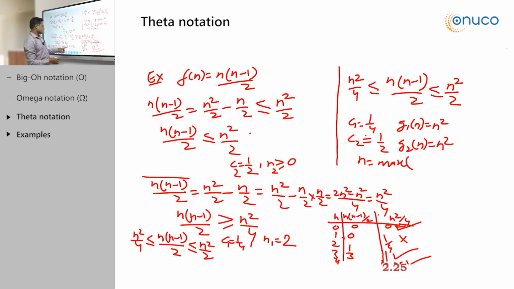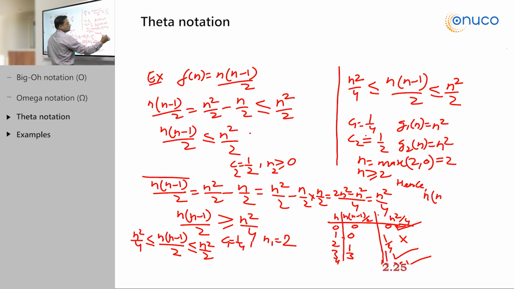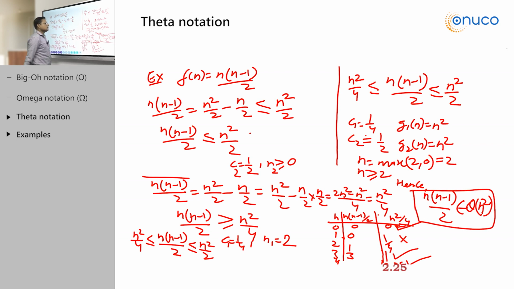N2 value was 0 and N1 is 2, the max of 2 and 0 is 2, so n must be greater than or equal to 2. If it is, then we can say that n into n minus 1 divided by 2 belongs to theta of n square.